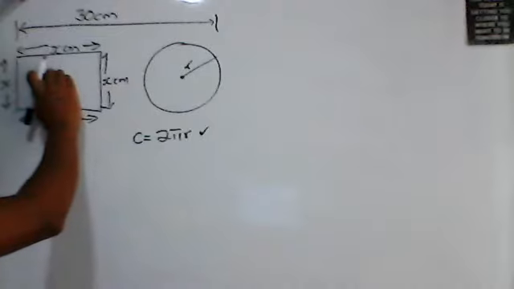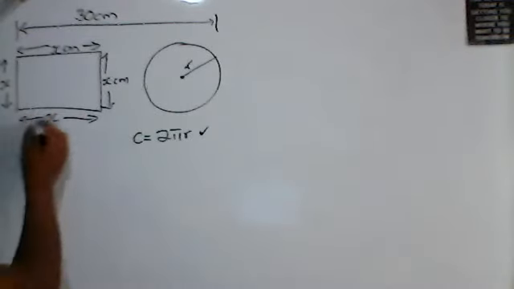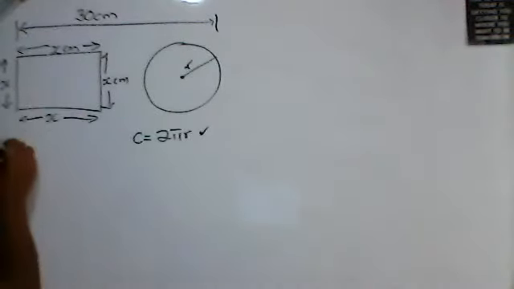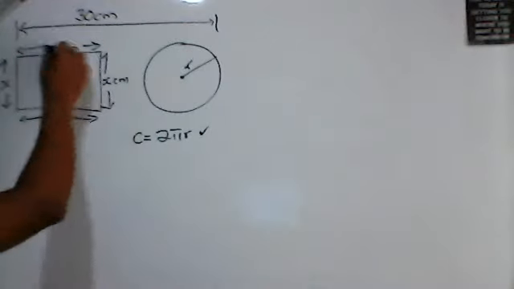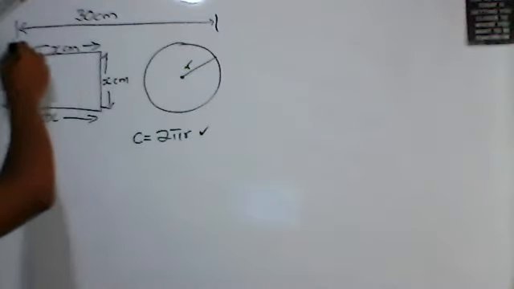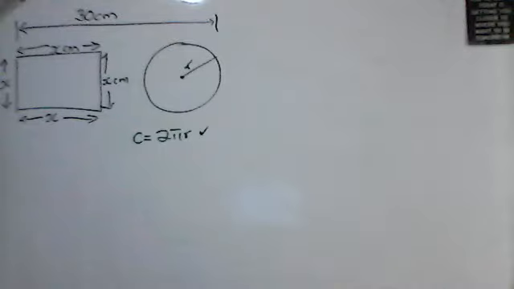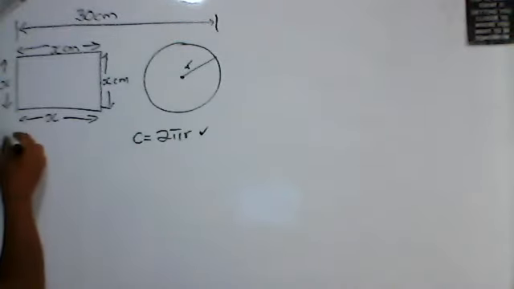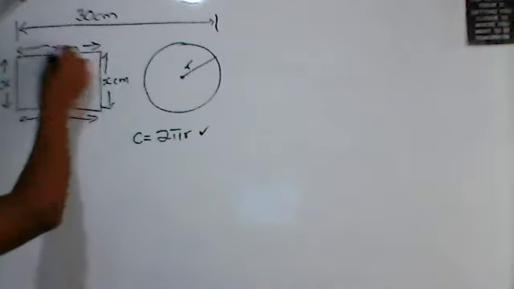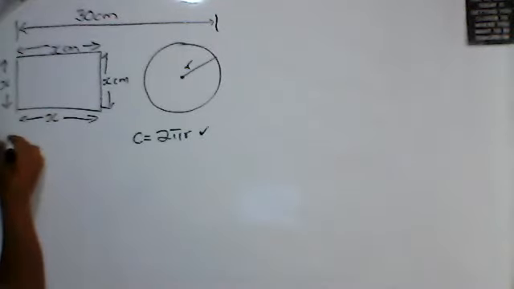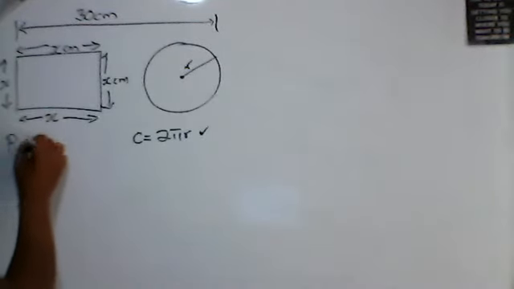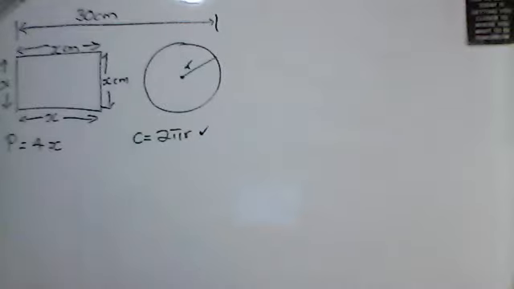So now, let's take the square. The perimeter of a square will just be the total enclosure, or the outside lengths of the square added together. So that's going to be 4x: x plus x plus x plus x. So the perimeter of the square, P, is equal to 4x.